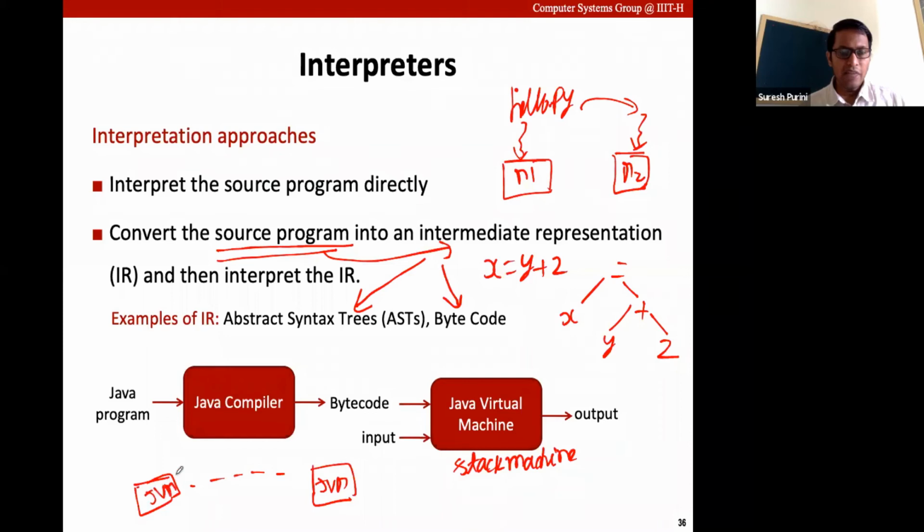And all these JVMs understand bytecode, and you are here. So you send your bytecode to all these machines. When they want to use your application, they get the bytecode of your application, and the Java virtual machine on their machine can execute it.